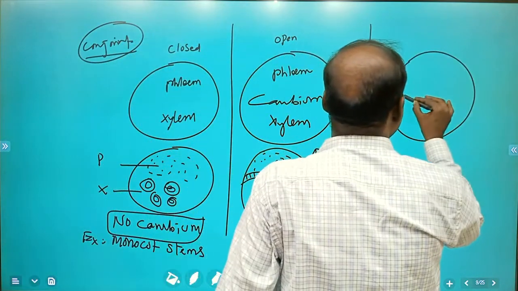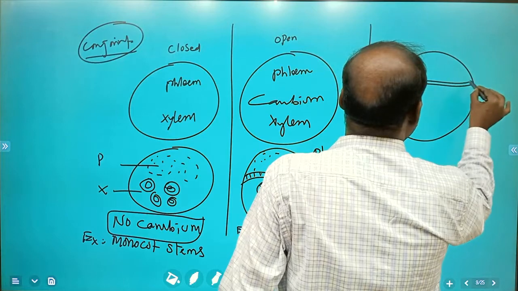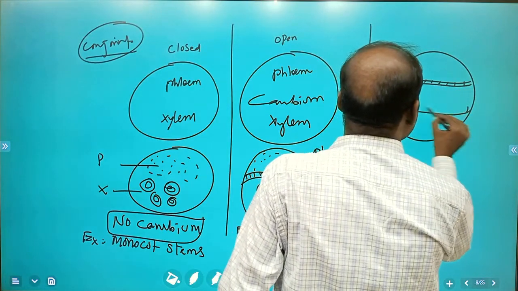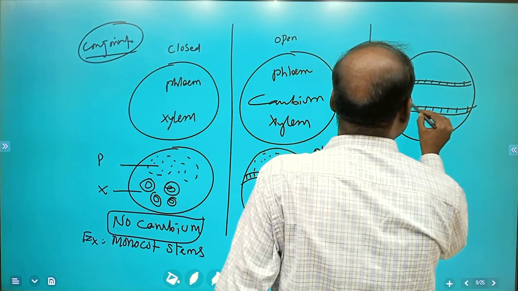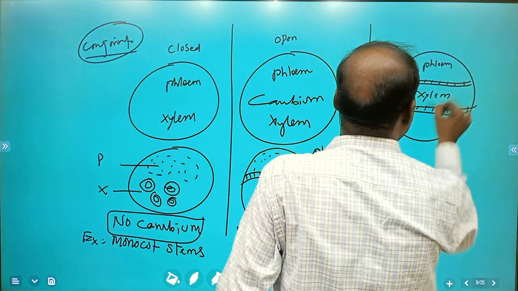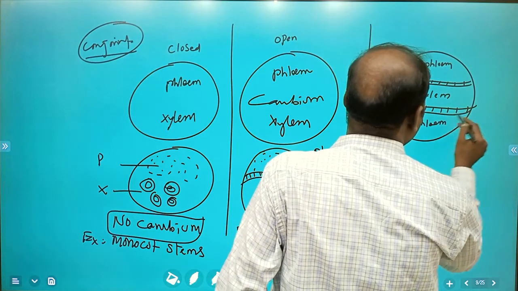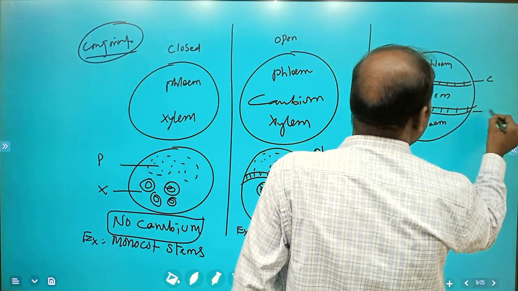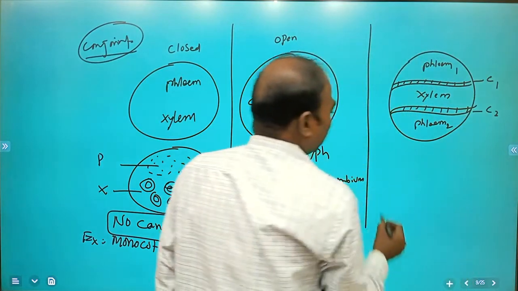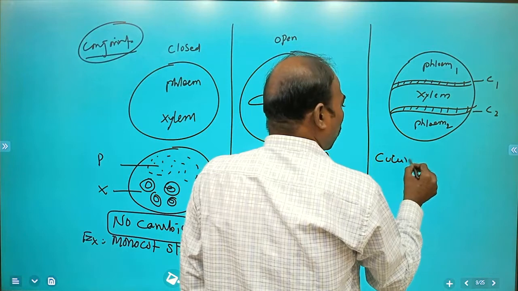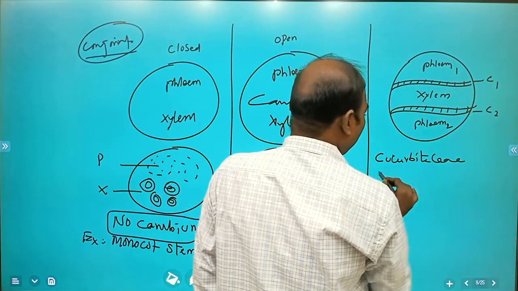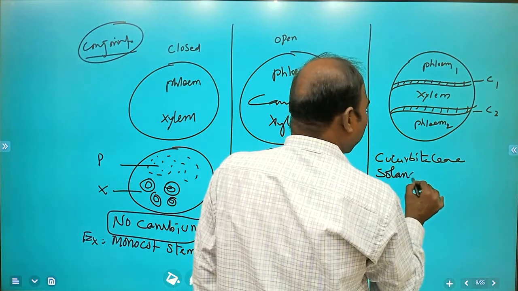And conjoint bicollateral bundles means on either side of the xylem two phloem patches are found: cambium 1, cambium 2, phloem 1, phloem 2, xylem. It is found in Cucurbitaceae members and Solanaceae plants.